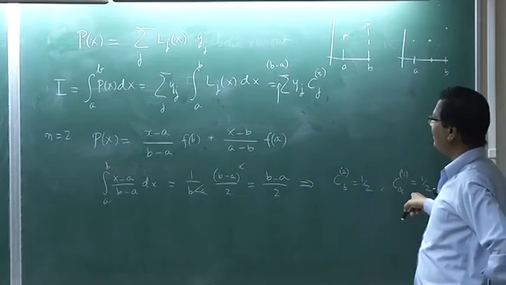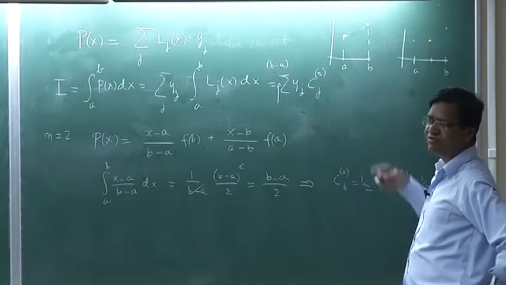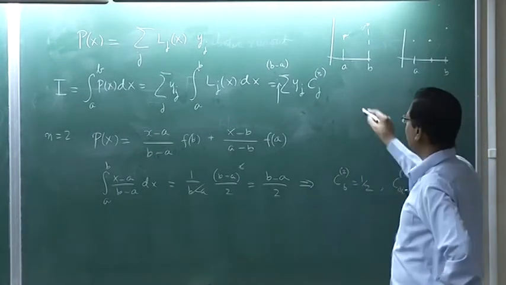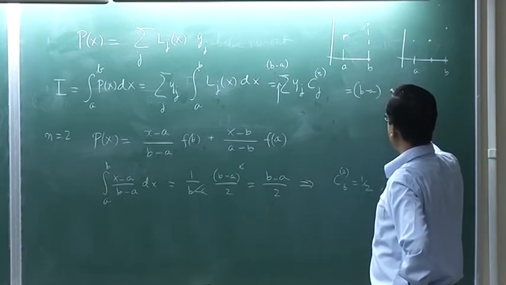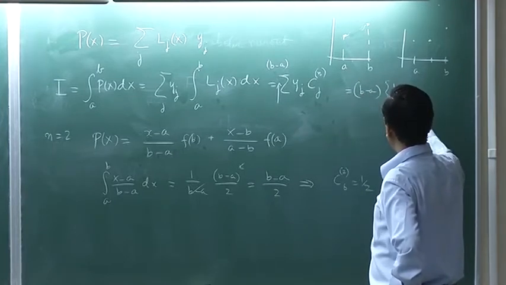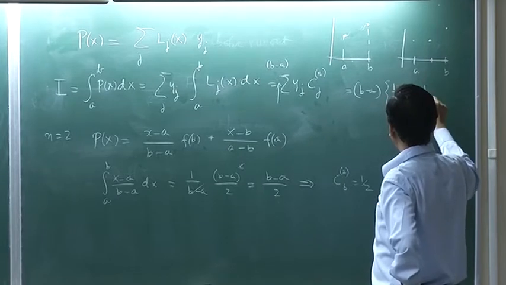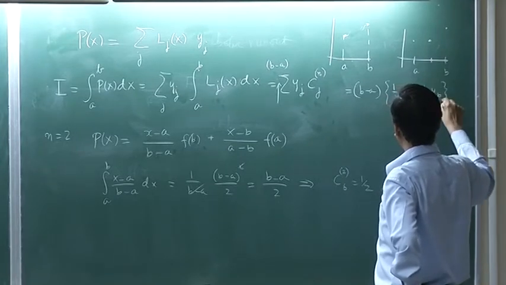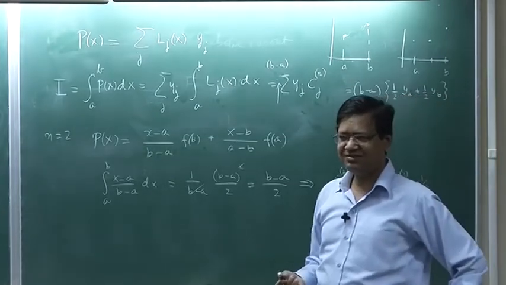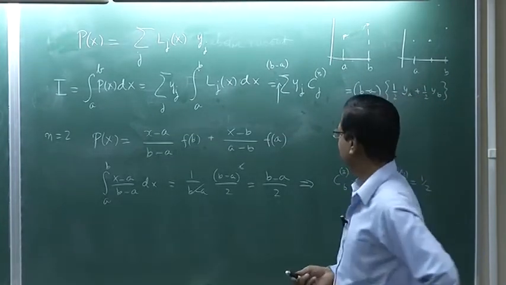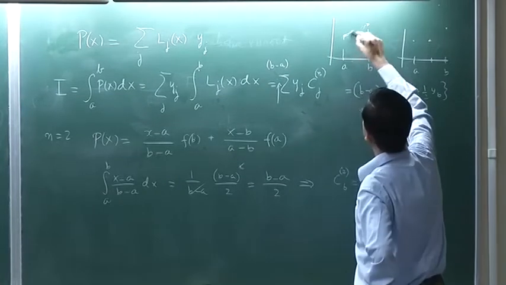So what is the answer for the integral formula for n equal to 2? It is b minus a times half y a plus half y b. Okay, so what is this called? You might have heard of the trapezoid rule. In fact, this is the area.